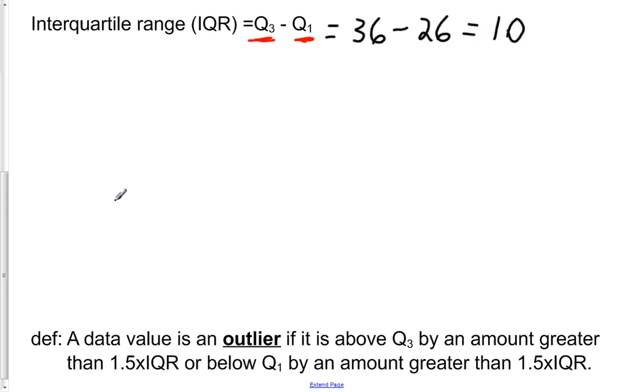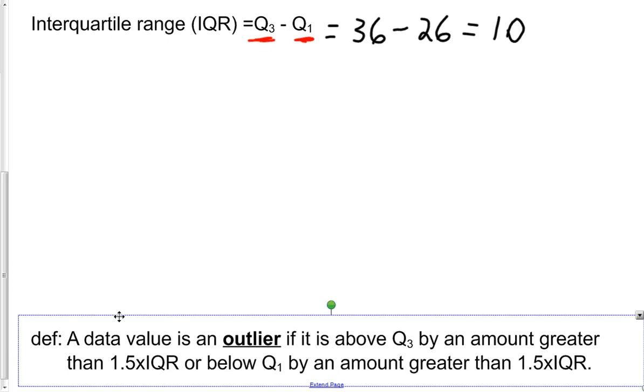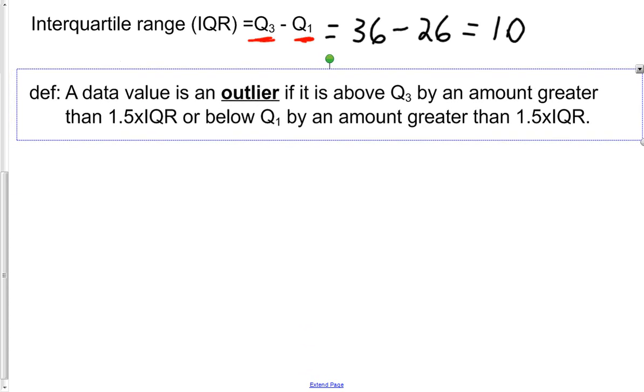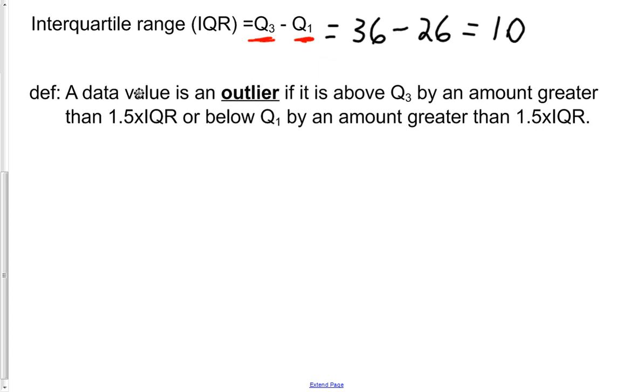Now, the reason why we wanted to calculate the interquartile range in the first place is because we need to be able to identify outliers. So let's talk about outliers.